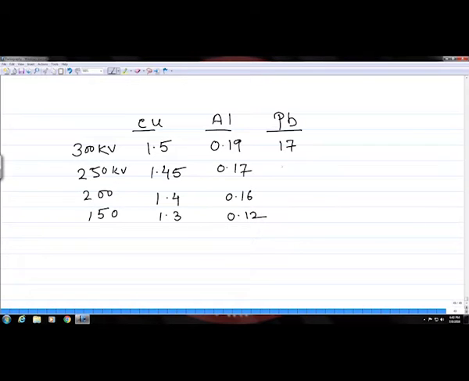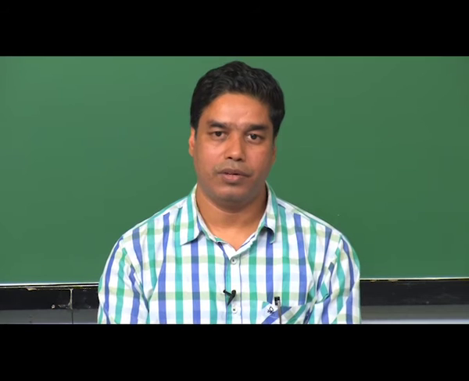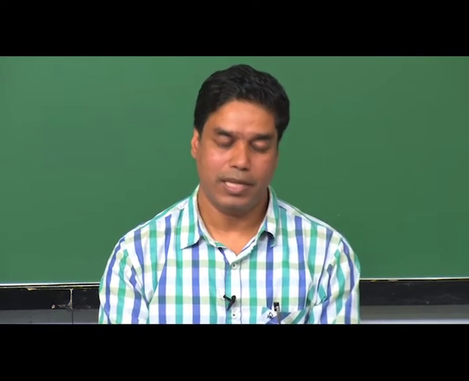For lead it is 15 at 250 kV, 13 at 200 kV and 11 at 150 kV. So, based upon this kind of conversion charts which are readily available, the thickness of any material can be converted to an equivalent steel thickness, and then you would be able to use those exposure charts which are obtained for different thicknesses of steel.